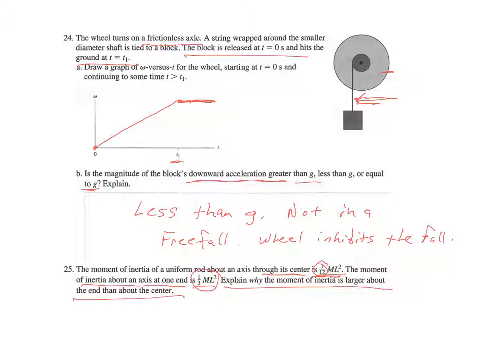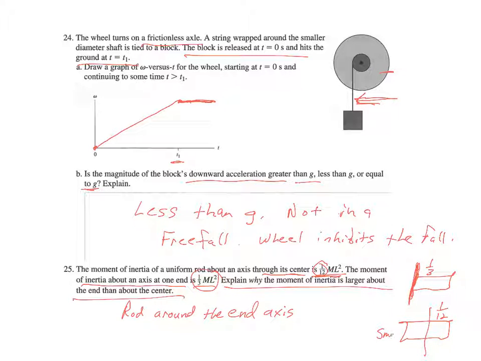And if you think about it, the rod around the end axis, so one of them is rotating here. That one is 1/3. The one that rotates around its center is 1/12. This one is small.